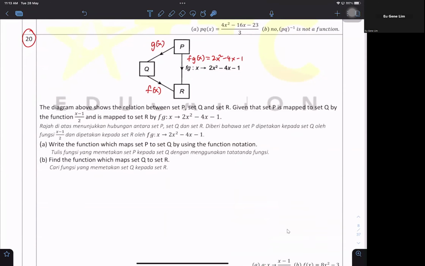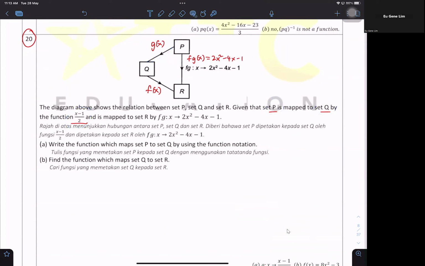Okay, so now continue. The question says, given set P is mapped to set Q by this function, P to Q is this function, meaning g(x).